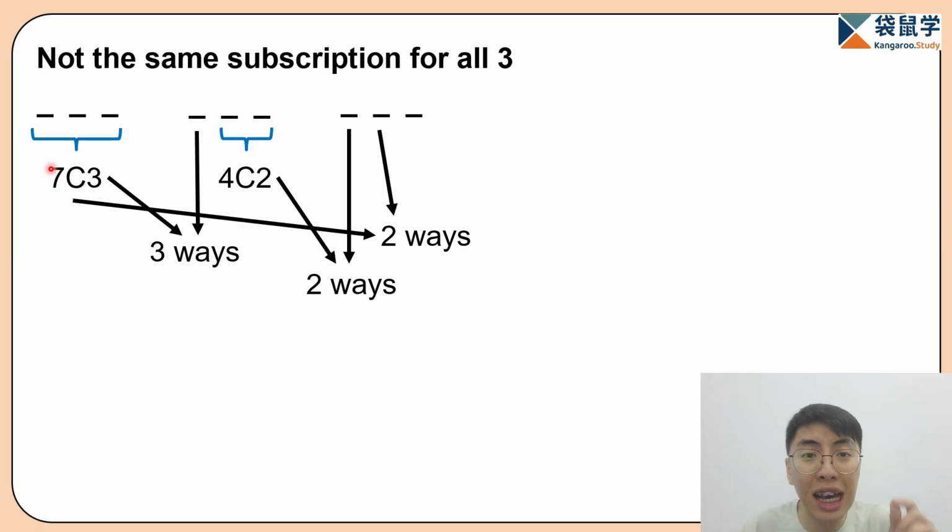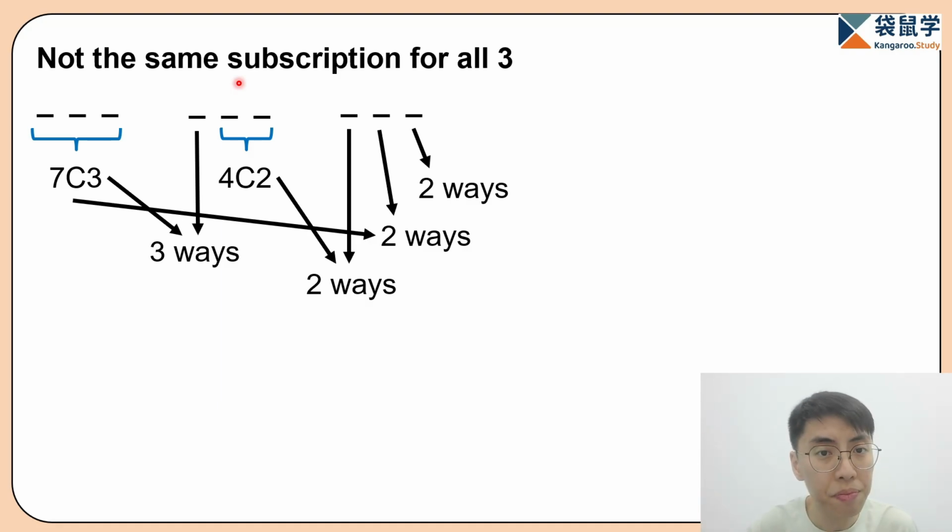Now with that being said, how many other newspapers am I left with to select for the last one? Well, from 7 we have already selected 3 and selected another 2. So we are just left with 2 more to select from. And that tells us there are 2 ways to select the last one.